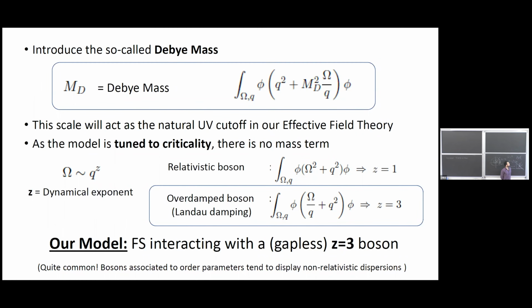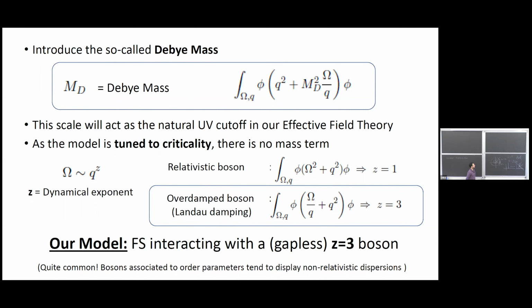So we end up, in order to make some contact with the literature, with a z=3 boson, essentially because the dispersion relation is omega proportional to q cubed. So our model is just a Fermi surface with a z=3 boson.